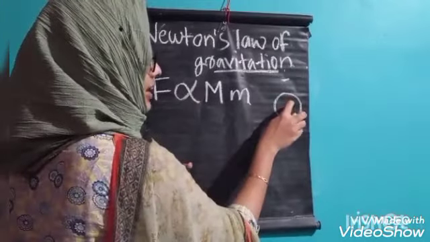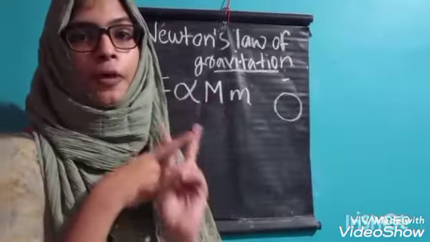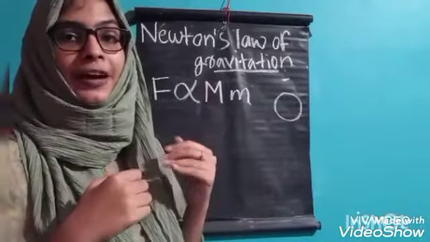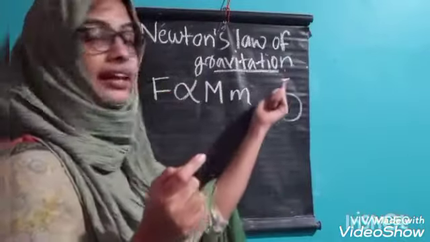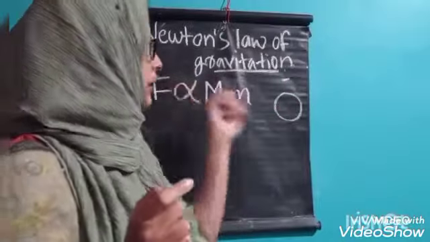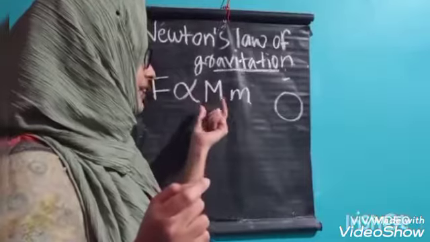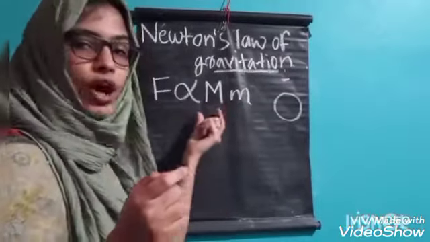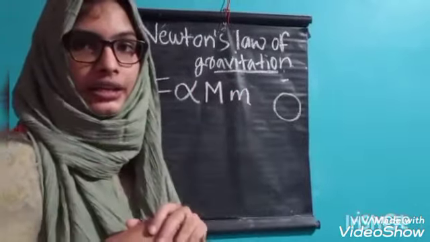So there are two objects. Force of attraction does not occur with only one object, it occurs only when there are two objects. So the masses of the two objects are given: one is capital M and the other is small m, the mass of one object and the mass of the other object in attraction.